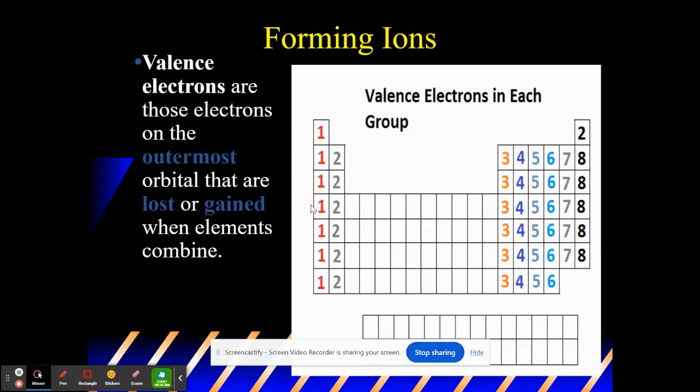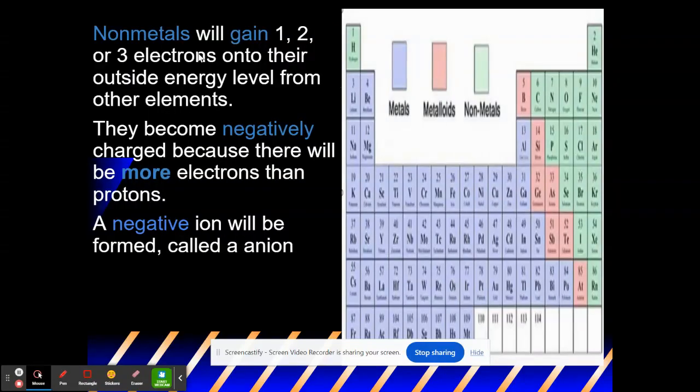So that funny word we had a little while ago, valence electrons, those are the ones in the outermost shell, and those are the ones that are going to be lost or gained. Your nonmetals, which are usually on the right side of the periodic table, are going to gain electrons. If they gain electrons, they become negatively charged, and they're called anions.